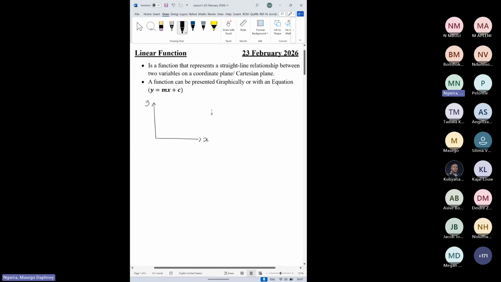With the Cartesian plane, we have two types of linear relationship: a positive relationship and a negative relationship. If your graph has a positive relationship, you're going to have a line going up. So this one is for a positive relationship.